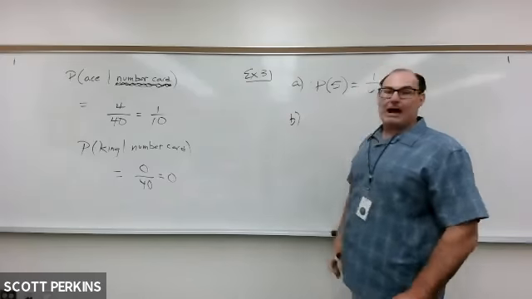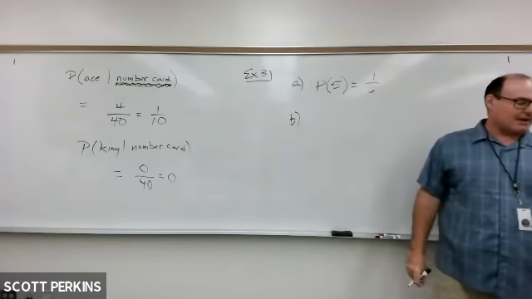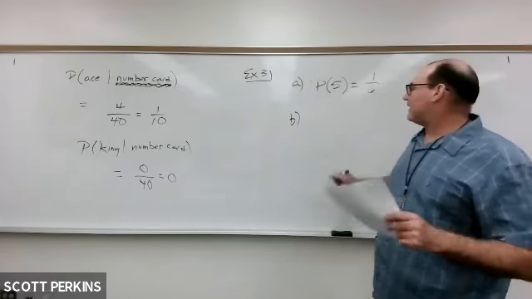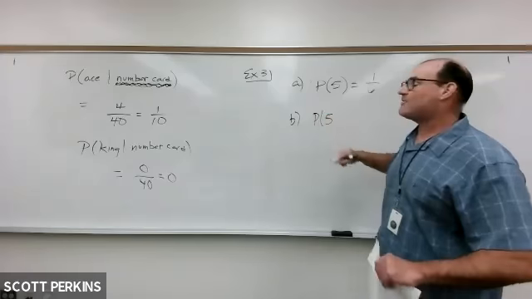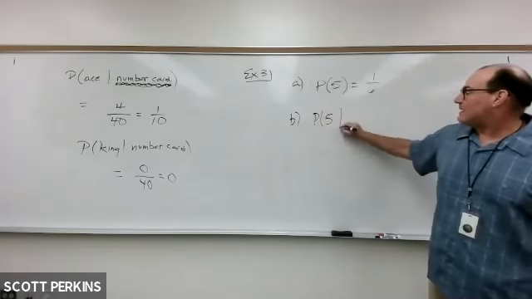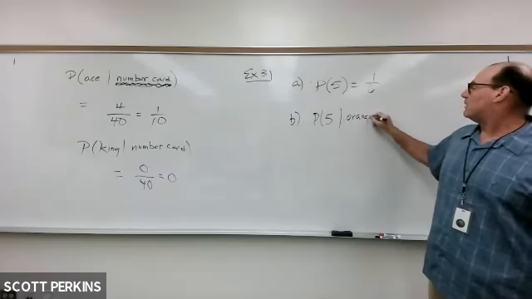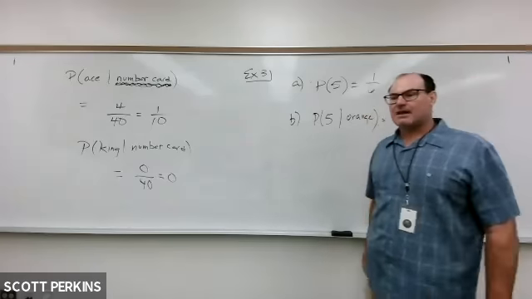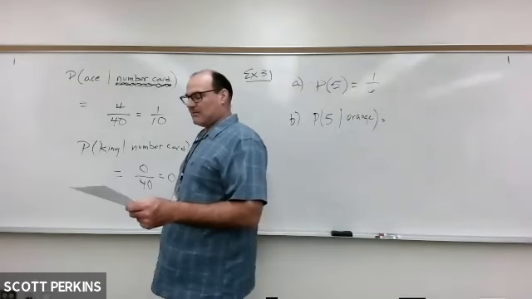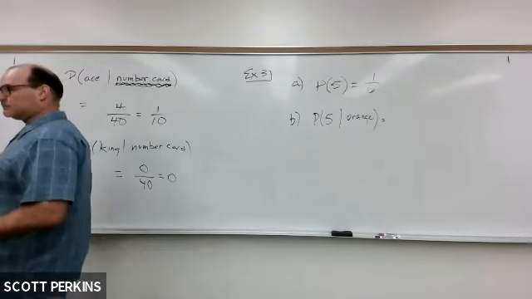Okay, B. Now, this is conditional probability. The next problem I would like you to take a moment and think about is what's the probability of a 5, but now, given that I know it's an orange circle. So take a moment.